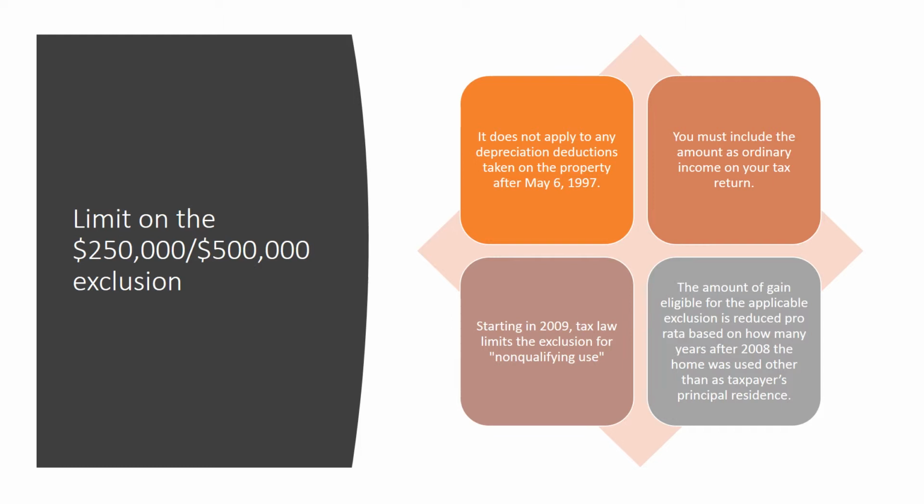The amount of gain eligible for the applicable exclusion is reduced pro rata based on how many years after 2008 the home was used other than as the taxpayer's principal residence. The effect is to reduce the exclusions for landlords who convert a rental home into their personal residence.